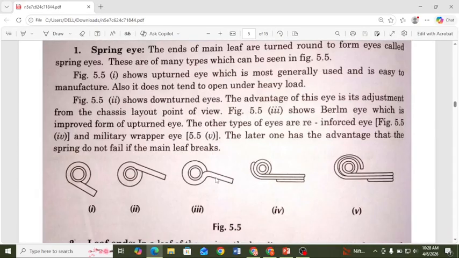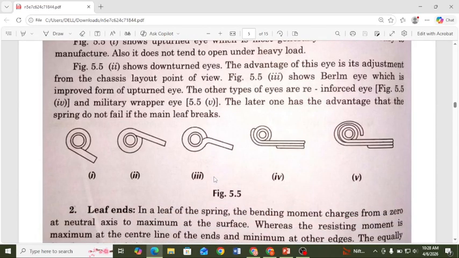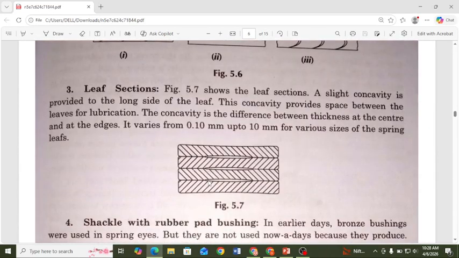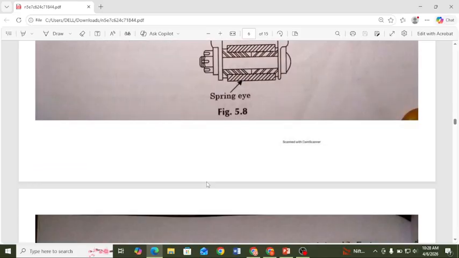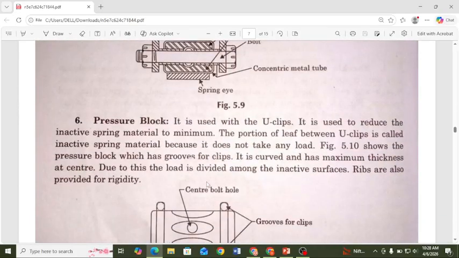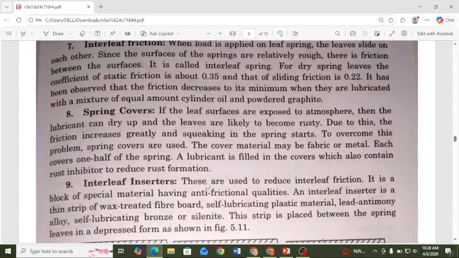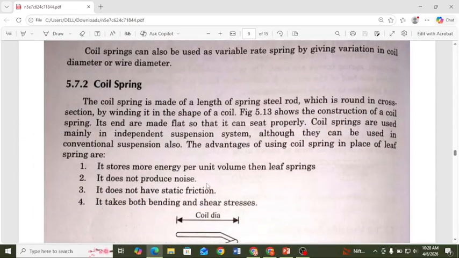Next is the spring eye. We discussed the different shapes of the eye in the last lecture, and also the pressure blocks, then the torsion bar. This is the coil spring.